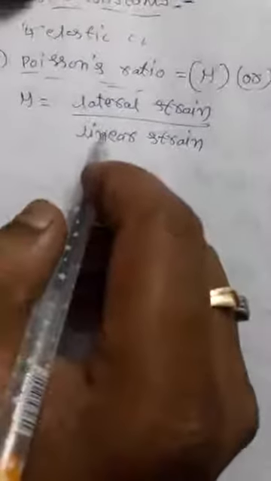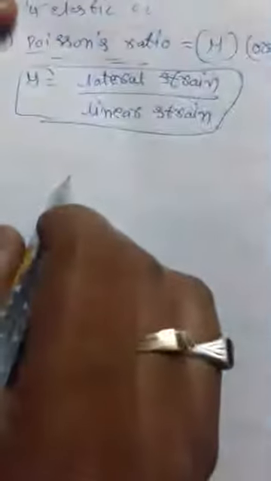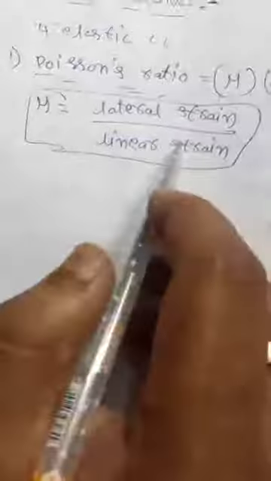The letter, definition and formula are very important. The formula is lateral strain by linear strain, and the definition is that the ratio between the lateral strain and linear strain is called Poisson's ratio.